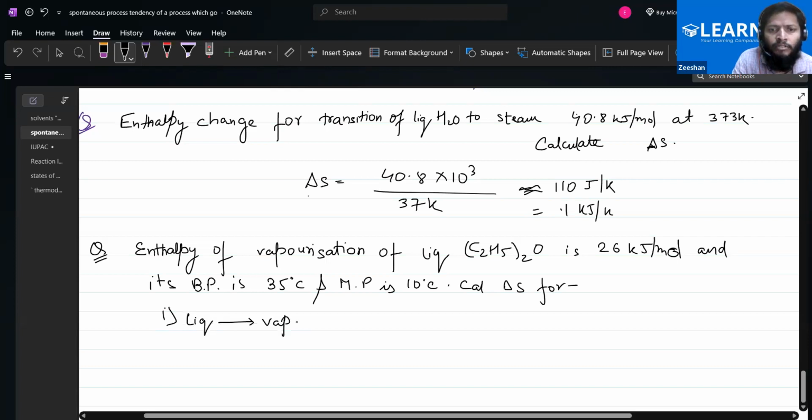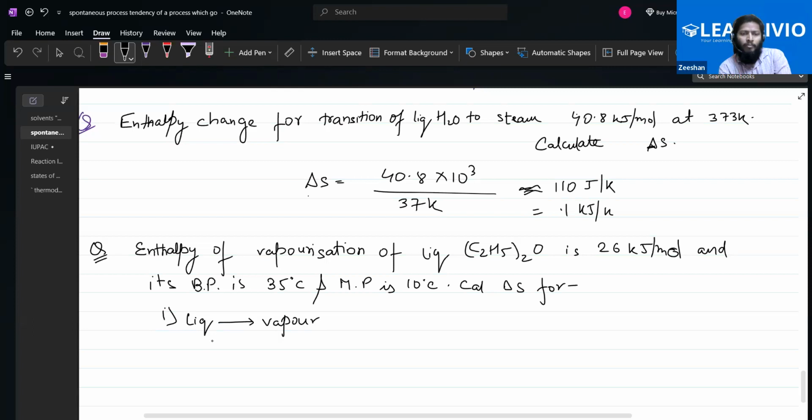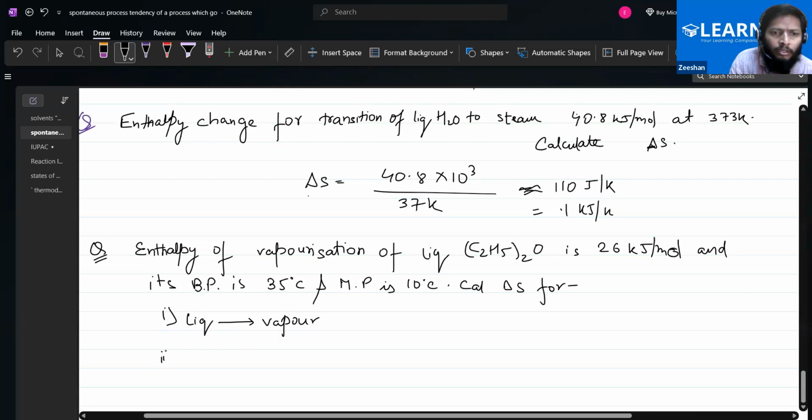There are two parts in this question. One asks you to find the enthalpy for liquid to vapor conversion, and another for vapor to liquid conversion.